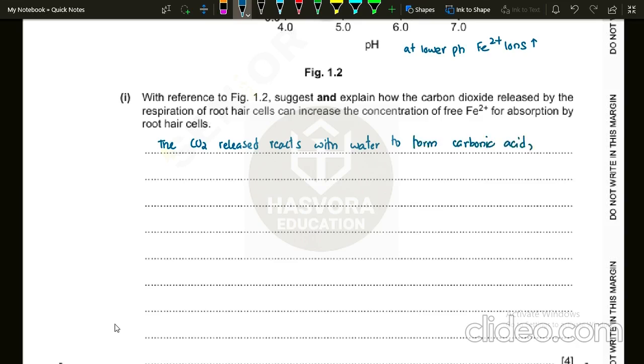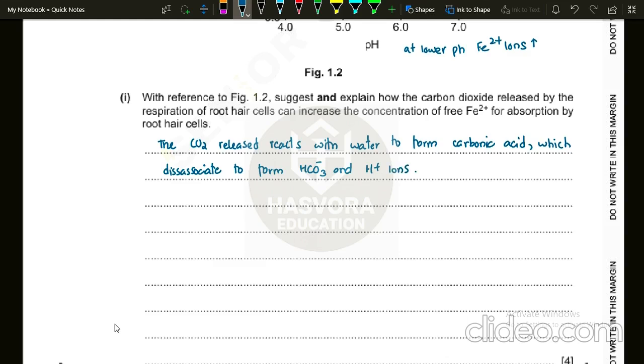One mark for this. Which dissociates to form the bicarbonate HCO3- and H+ ion.